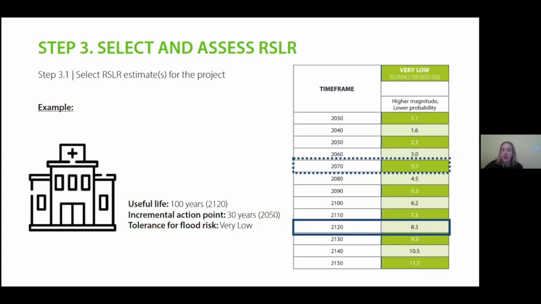If an important incremental action point like replacement of key utilities takes place in 30 years, then decision makers might also think about how they could plan for 2.3 feet of RSLR when they replace those utilities in 2050. And that might help them spread out the costs of adaptation over time.